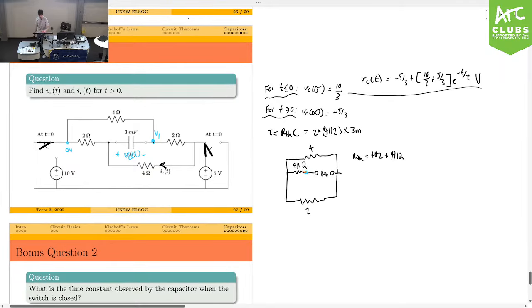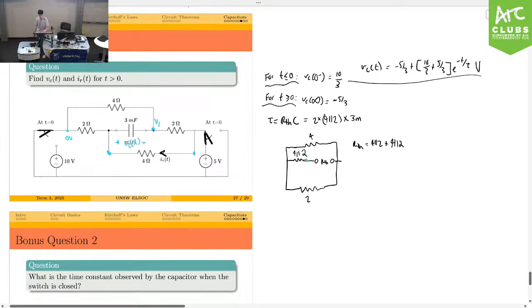If I want to find the current IR, it would be helpful if I know the voltage across this, from these two nodes. So I know that the voltage across this 4 ohm resistor is going to be given by these two. What is that?